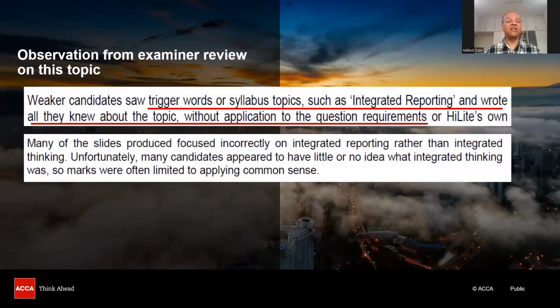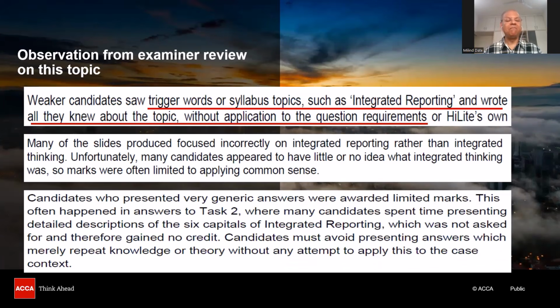Another comment said that slides were focused incorrectly on integrated reporting, and the task was integrated thinking. So many candidates, because they didn't prepare, did not have any idea what integrated thinking would mean, and naturally they lost marks. Candidates presented generic answers.